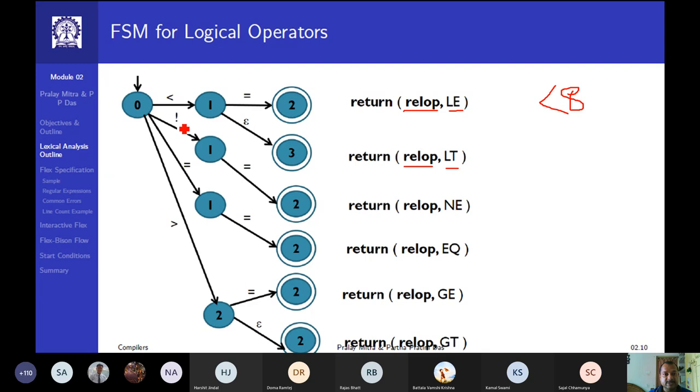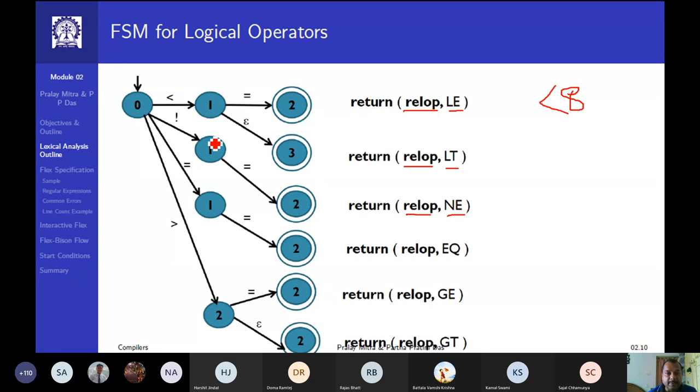Similar to that, if I first encounter this exclamation mark, then next equals to, it will be considered as not equals to, and it will return relational operator with attribute NE. Now at this stage, when I see not, I am in a state which is not a final state. But you remember that this not may also occur as a logical operator in front of some variable to indicate negation.